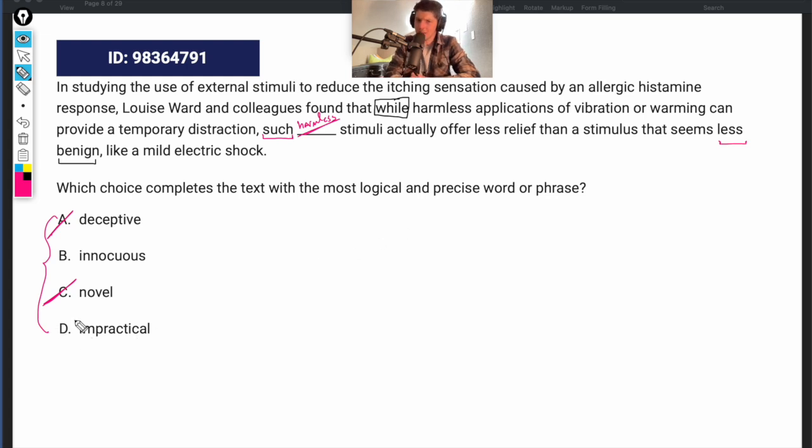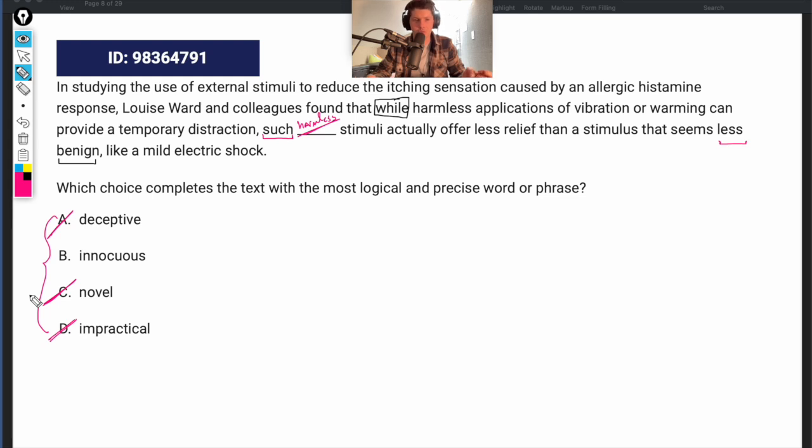So maybe you didn't know the word innocuous, but if you followed along with my analysis of the structural language, words like while, words like such, and then the clue, which was less benign, you would probably agree with me at that last step that, if you granted that the word harmless was a good match for what we wanted, none of the other ones mean harmless. And innocuous certainly does mean harmless. If you didn't know that, that's perfectly okay. Add it to your list.